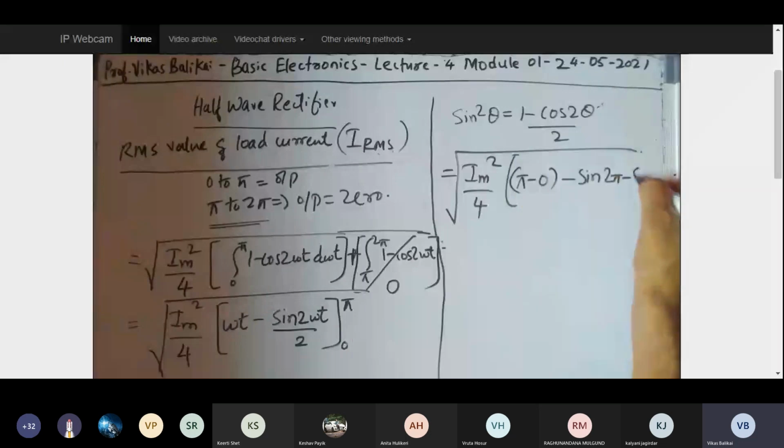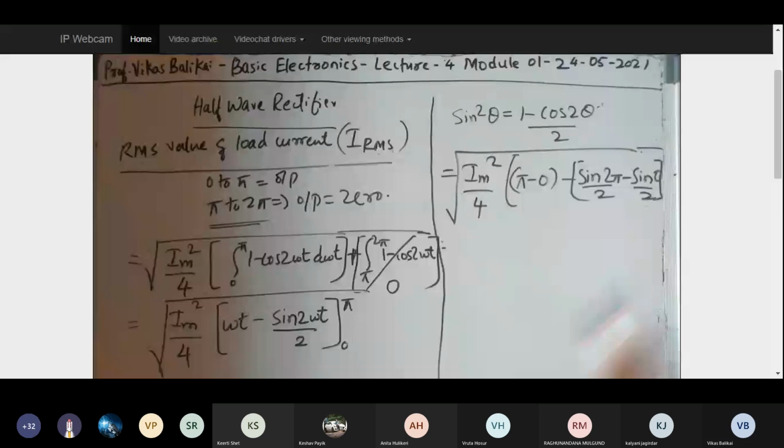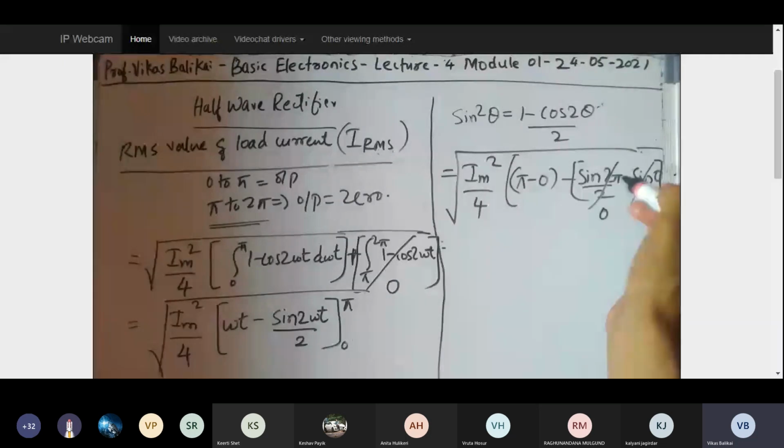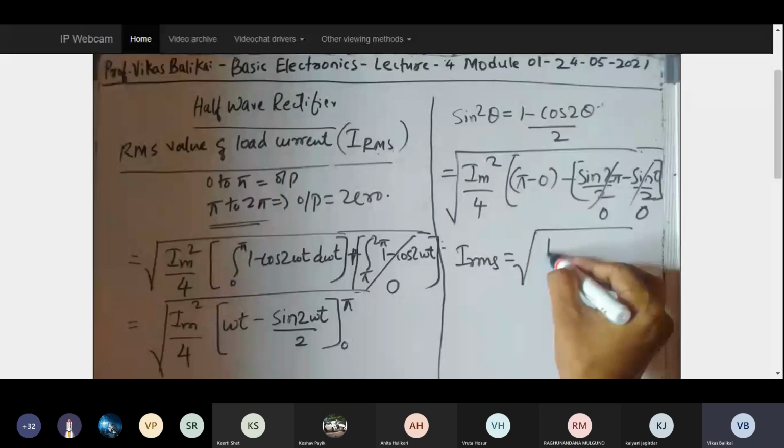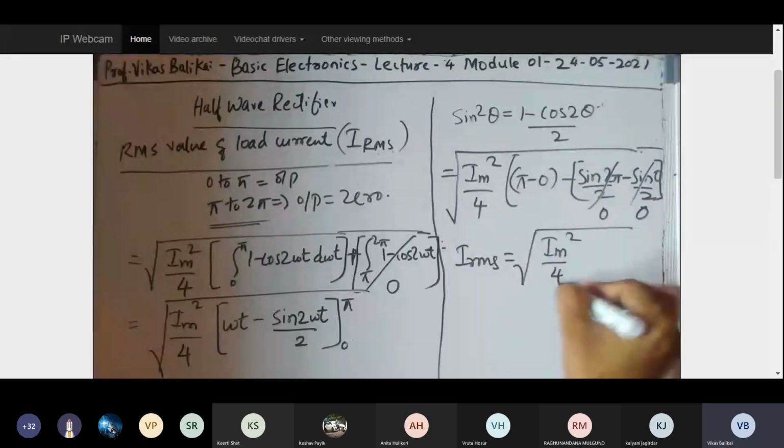This is the limiting I have applied. Now sine of 2 pi is 0, sine of 0 is 0, so this will cancel out. What is left is only pi minus 0. So I now have IRMS equal to the square root of Im square by 4 multiplied by pi.